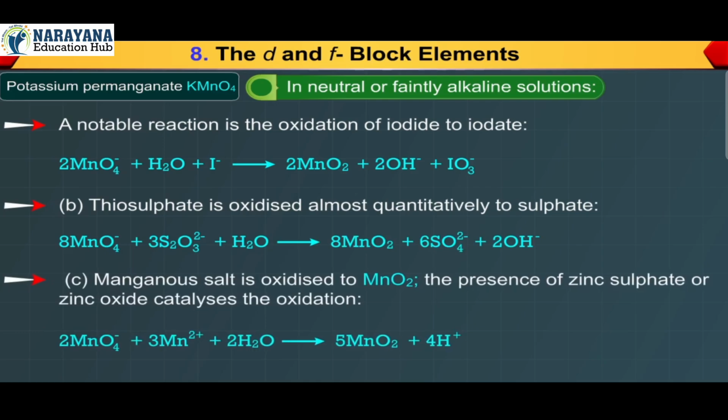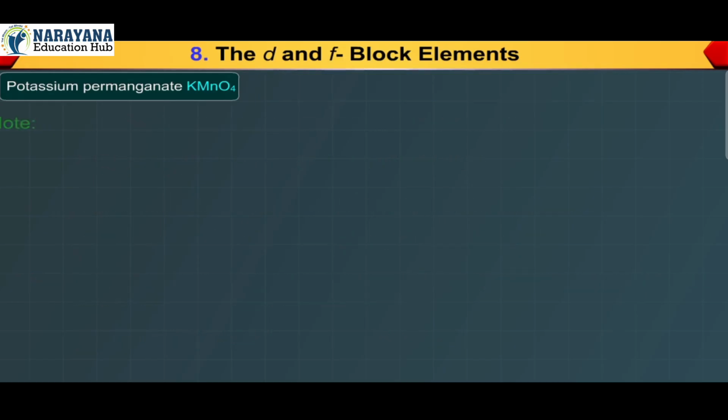C. Manganese salt is oxidized to MnO2. The presence of zinc sulfate or zinc oxide catalyzes the oxidation: 2MnO4- plus 3Mn2+ plus 2H2O gives 5MnO2 plus 4H+.